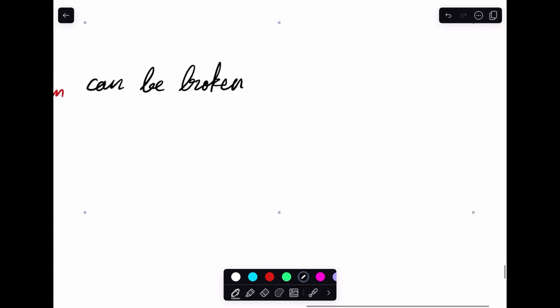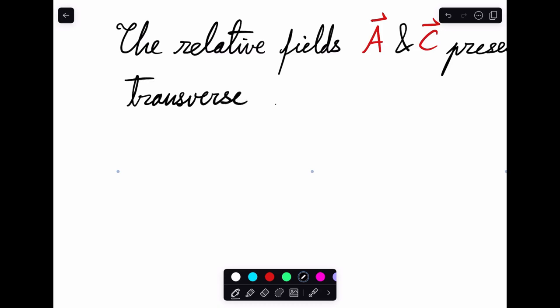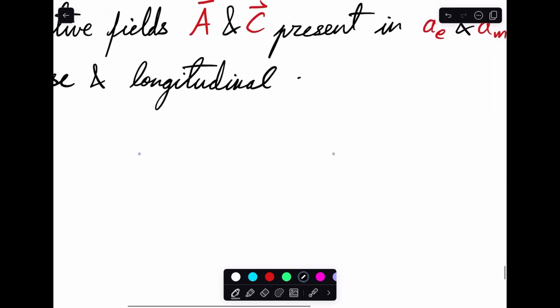Can be broken into relatively transverse and longitudinal components.